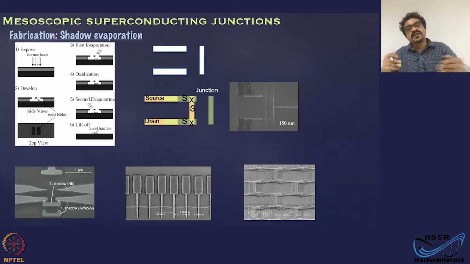You can also have superconductor-insulator-superconductor junctions. It's a tunnel junction between two superconductors too. Okay, so all these junctions and their transport mechanisms we will discuss in the next lecture, but let's quickly review the fabrication process by which you can make these junctions in the lab.